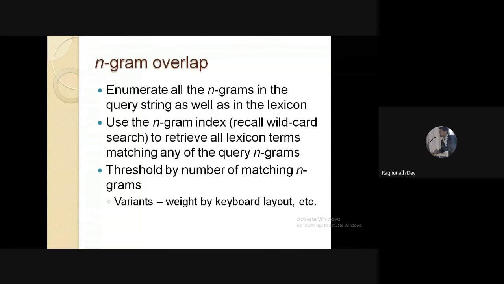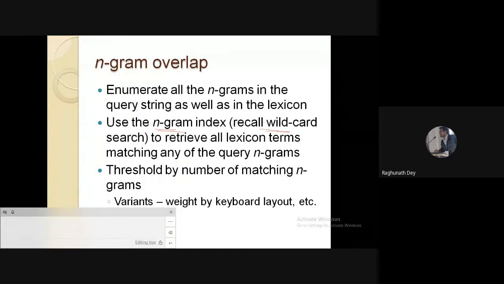It is very similar. We already know about this n-gram indexing technique from our previous wildcard search. Again, I will tell you with the help of an example that first of all you have to break the whole word or query given by the user, as well as the words you have in your corpus or indexing system, into fractions of words by breaking them into the possible n-grams.